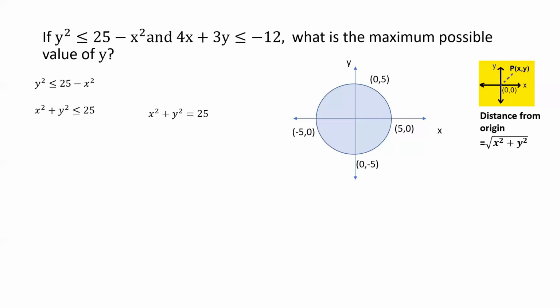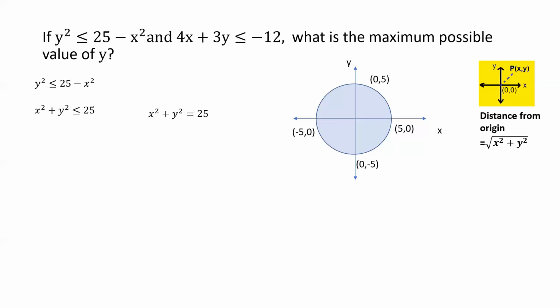But if I consider points outside the circle, then clearly x squared plus y squared would have to be greater than 25, because the distance of those points from the origin will exceed the radius of the circle. So that's why the points satisfying this particular inequality would have to lie inside the circle.